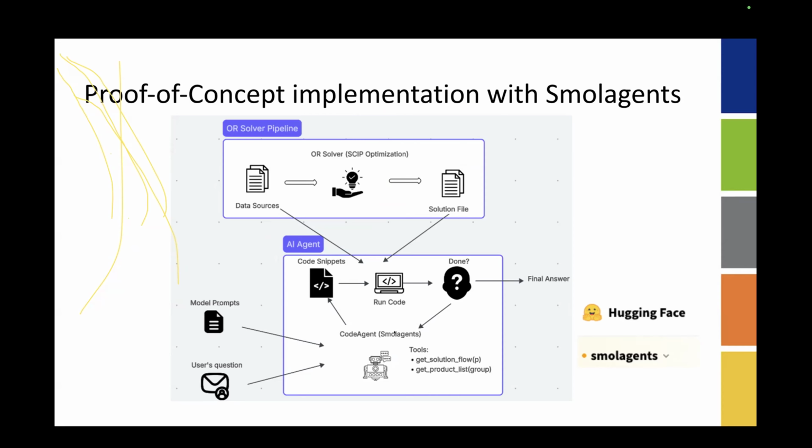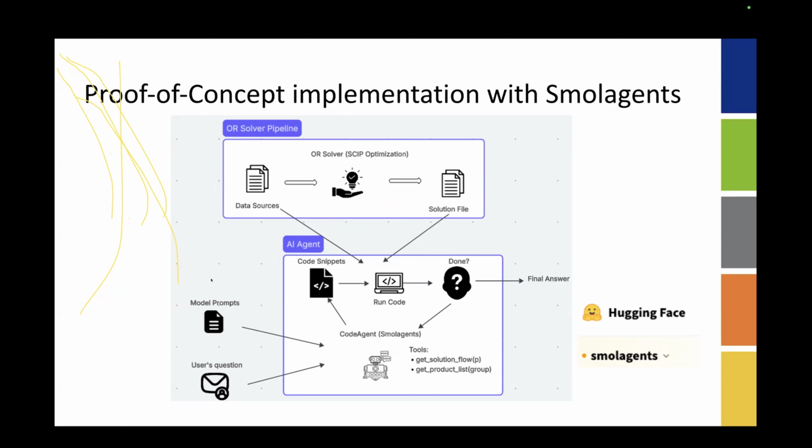The output of a code agent is actually executable code in your environment, and it'll try to run the code snippets that it produced and figure out whether we're solving the user's question or not. If not, then it'll try to improve the code it generated and run it again.